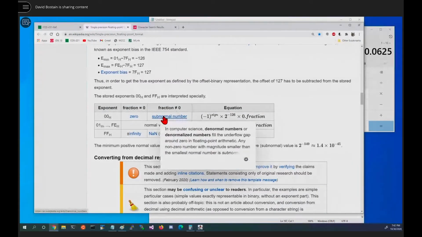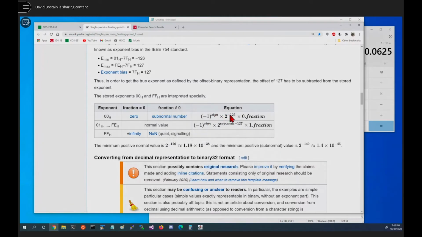If the fraction is not 0, you have what's called a subnormal or denormalized number, or dirty 0 sometimes, which means the fraction piece doesn't have that hidden 1, and whatever number you get is times 2 raised to the minus 126. So that's a special case.